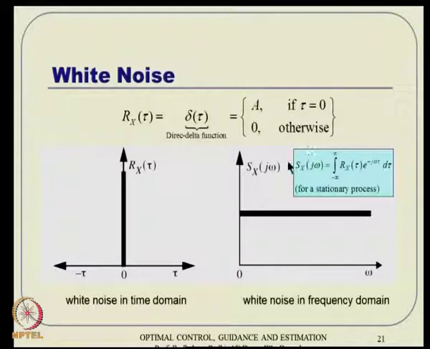So, you construct this Fourier transform, then this is defined something like this, and it turns out to be just a constant number, irrespective of omega. I mean, if you plot it as a function of omega, it turns out to be just constant. That means it contains all the frequency spectrum actually. Okay. So, there is another interpretation in the frequency domain basically.